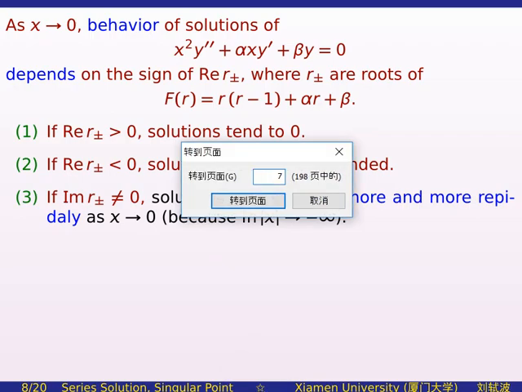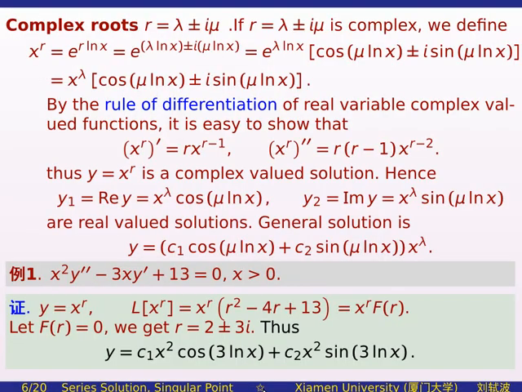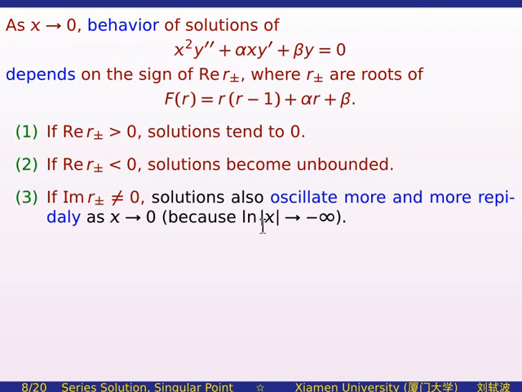Because in this case, the solution is cosine(mu log x) and sine(mu log x). So when x goes to 0, log x will go to negative infinity. Then you take the cosine, so the frequency will increase. This is why we declare that the solutions oscillate more and more rapidly.